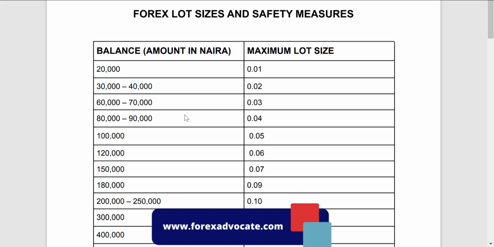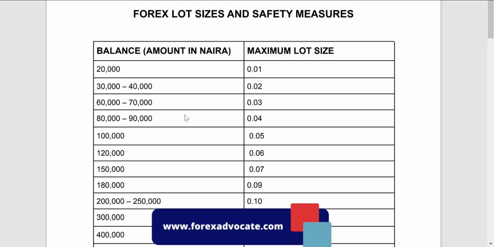A standard lot, 1.0, is $10 per pip. If you use a mini lot, which is 0.1, the value of a pip is different. Let's say Euro USD moved from 1.1111 to 1.1112.